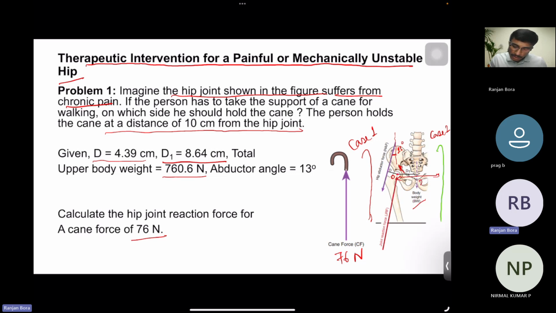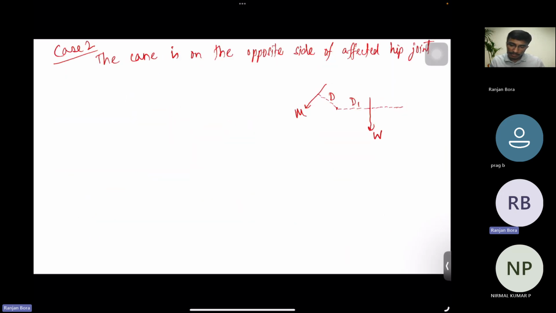So it will be 2D1 plus 10. And cane force is I think 76.